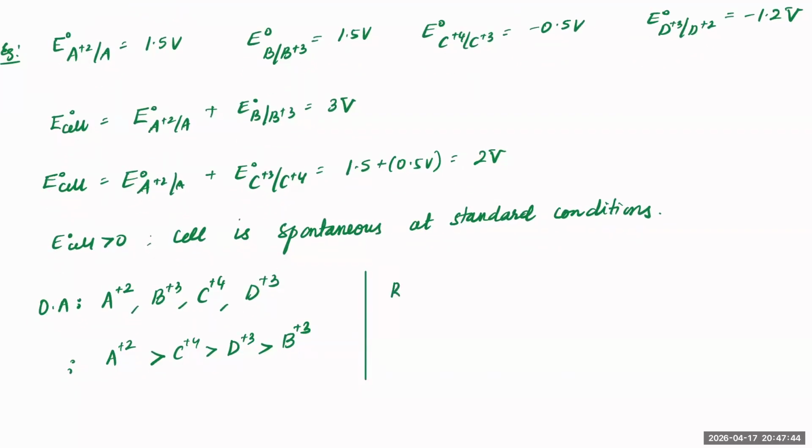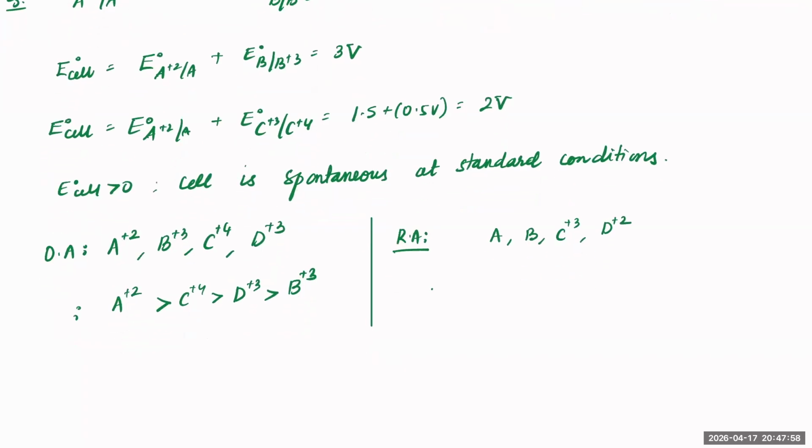If you are to compare the reducing agents, then that includes A, B, C plus 3, and D plus 2. These are the reducing agents.